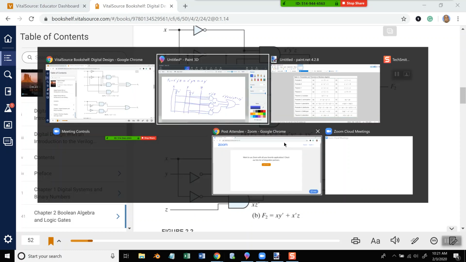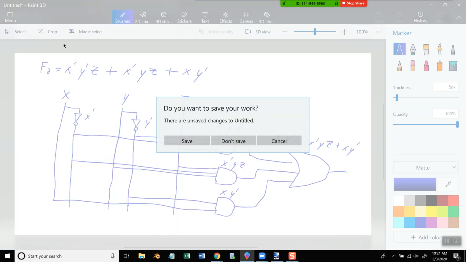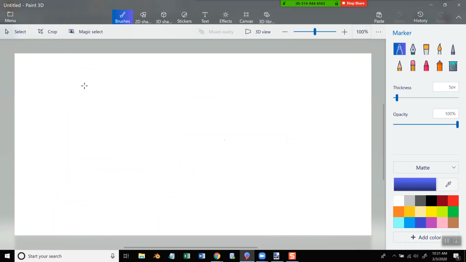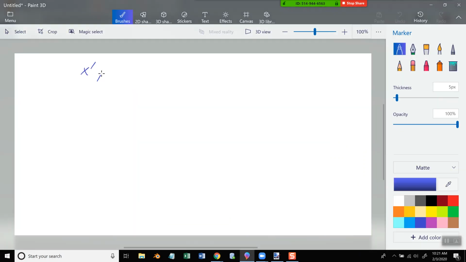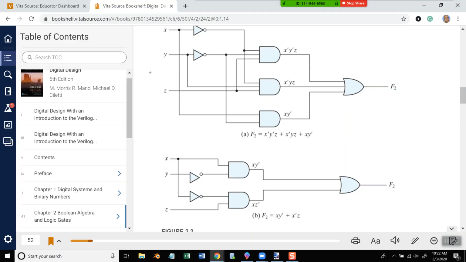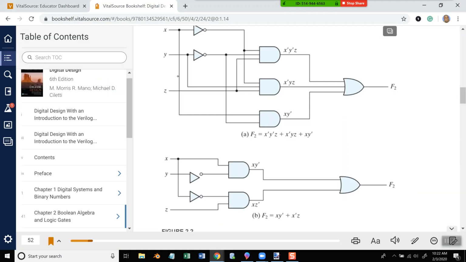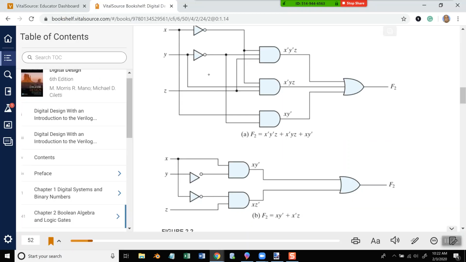Okay, because if I go through here, then I got x prime, y prime, z plus x prime, yz plus xy prime.